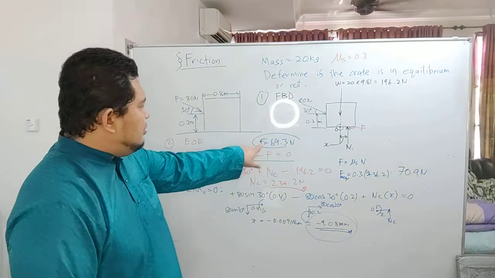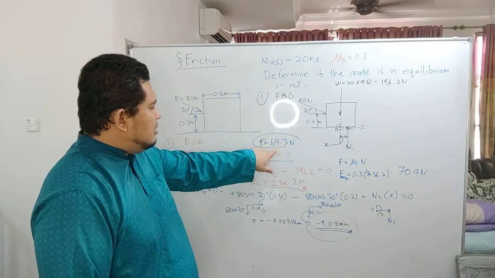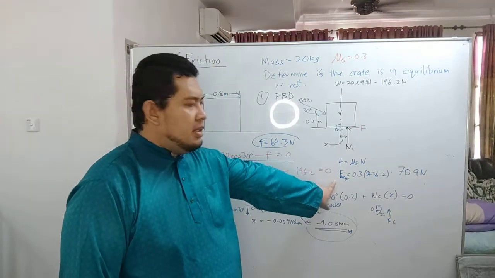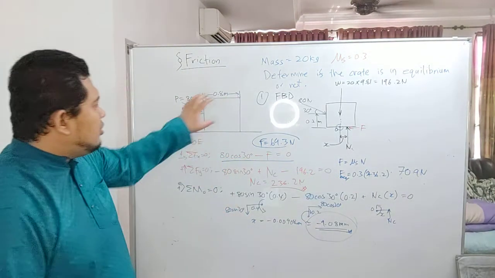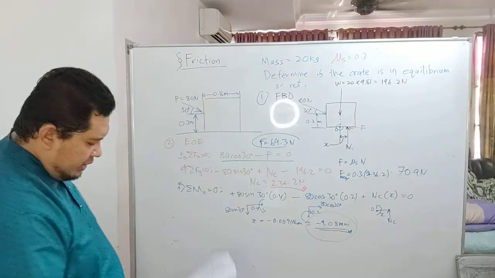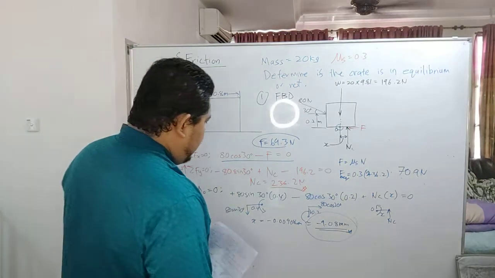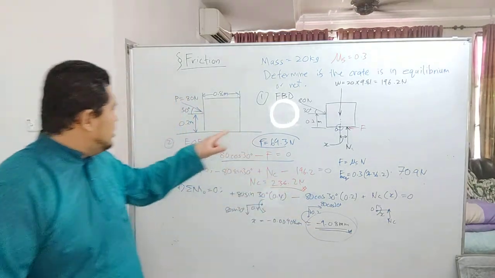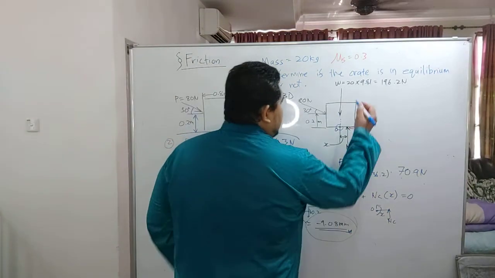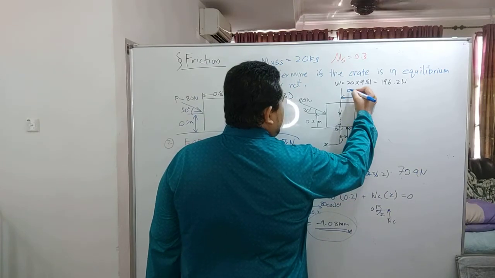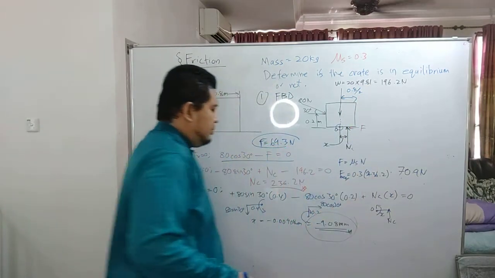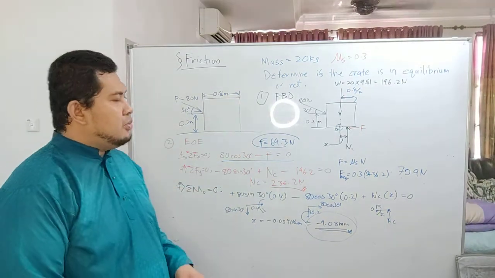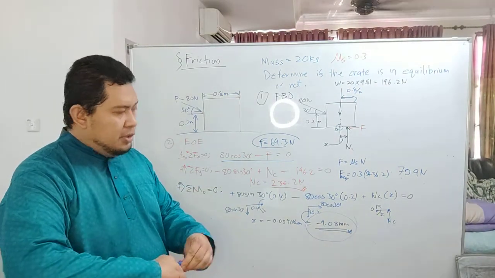Since the friction force of 69.3 is smaller compared to F max of 70.9, this crate should not be moving at all. So this is how for you to solve the problem for the friction.